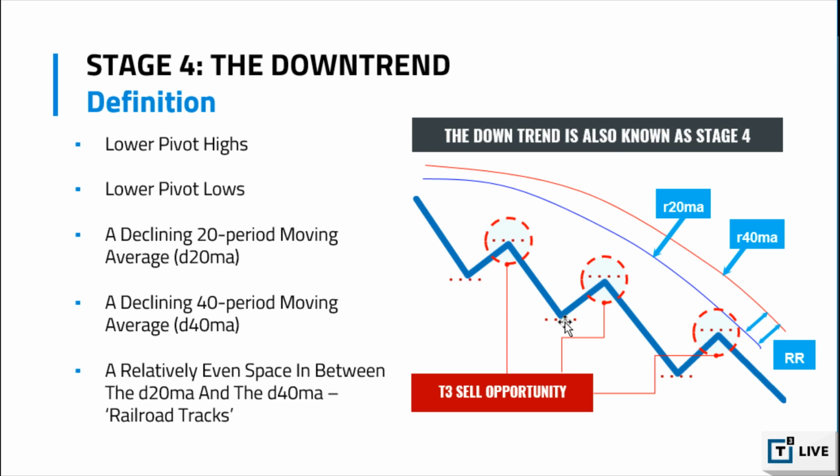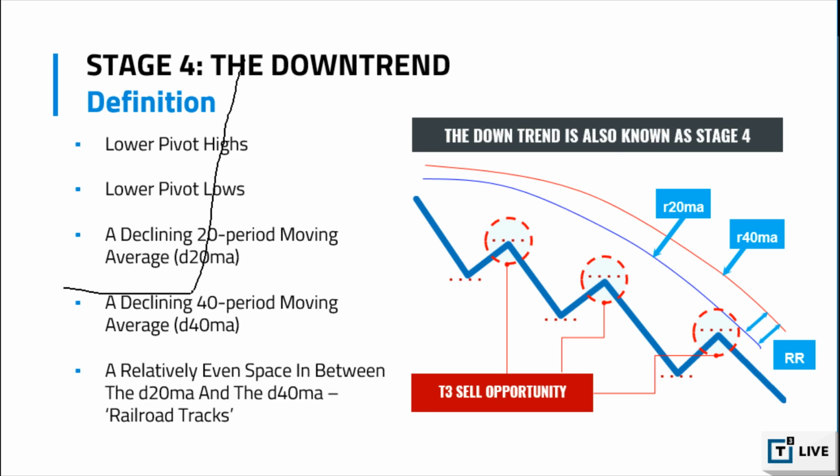And then notice the lines here. These are the pivot lows. Lower pivot highs, lower pivot lows. A declining 20, a declining 40, and railroad tracks between the two. Downtrends are also known as stage 4. Why?